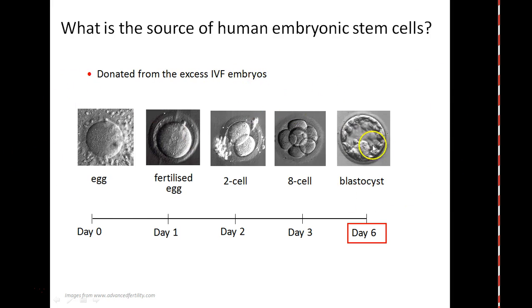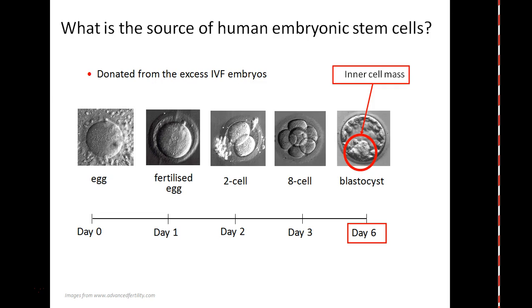And so this panel shows very early stages of embryonic development from day 0 to day 6. So all of those stages happen in the in vitro clinic when, for example, a couple who wants to have a baby decides to do in vitro fertilization.